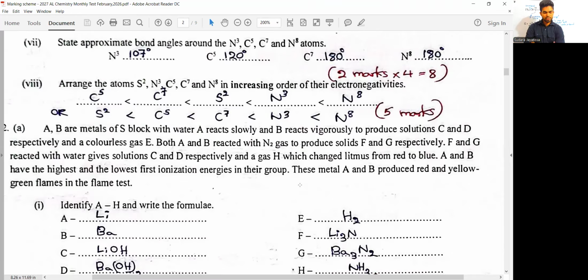Then your A must be lithium, because lithium is the one that produces the red color. You can't take beryllium. Beryllium is another one with the highest electronegativity, highest ionization energy. But why can't we take beryllium? Because it is not giving any color for the flame test. So your best answer here is lithium. That's how we select lithium and barium.